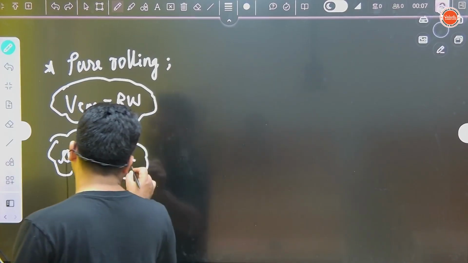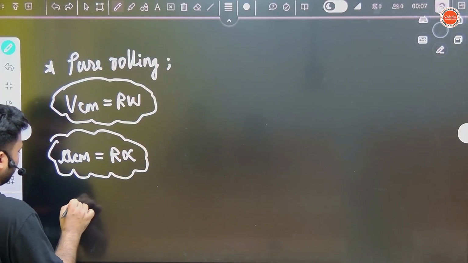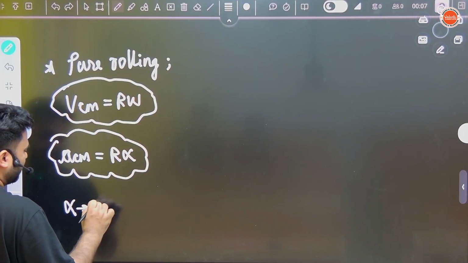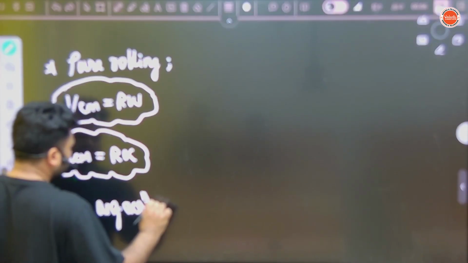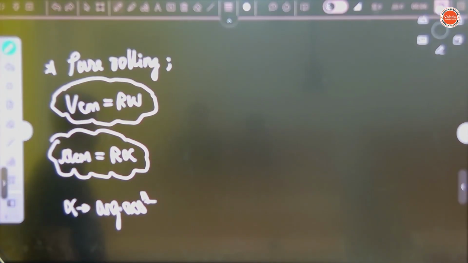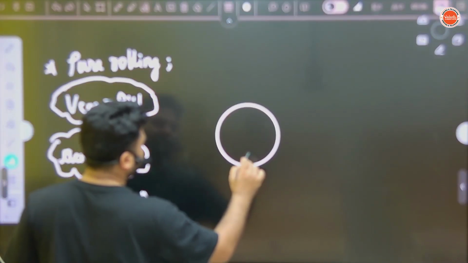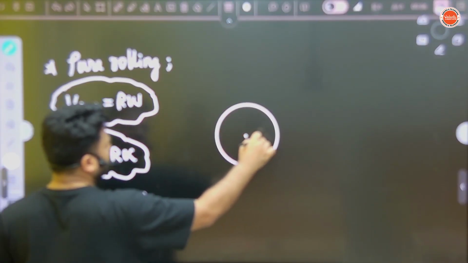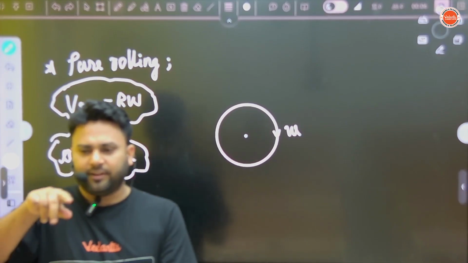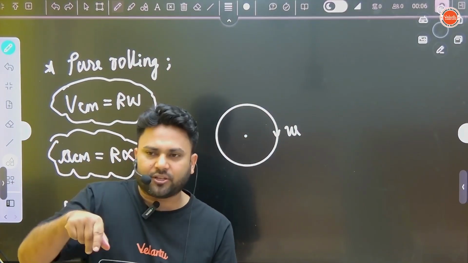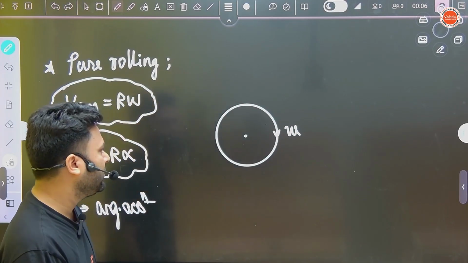Alpha, I told now. What is alpha? Angular acceleration. So what is angular acceleration? Suppose there is a CD rotating with some omega. Now we rotate it faster, or its speed will increase, the angular speed will increase.